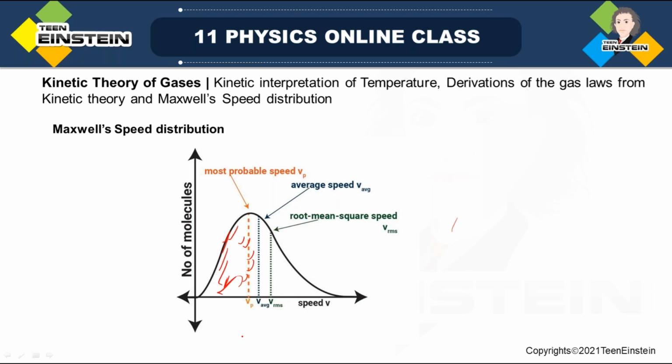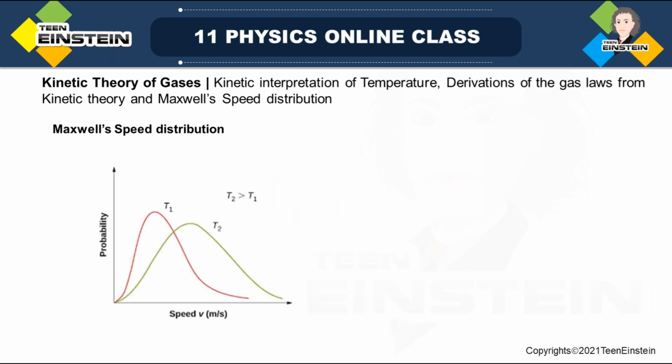Then look at this curve at any temperature: the peak gives you the most probable velocity. Now if the temperature is increased, the curve becomes wider, but at low temperature it was sharper.